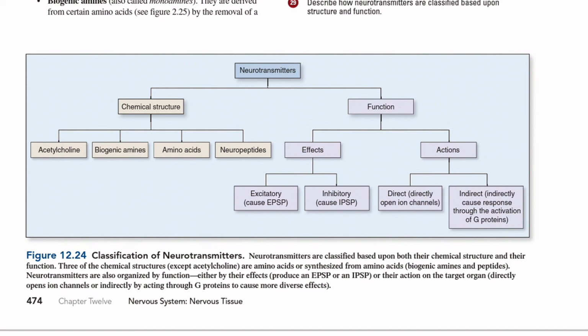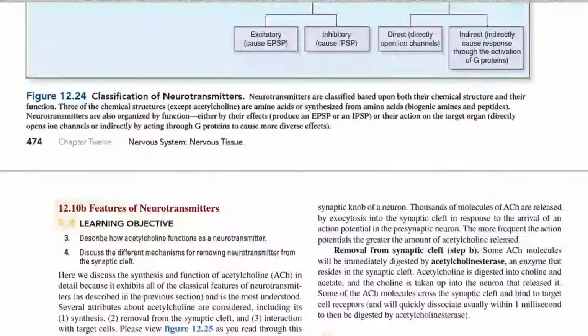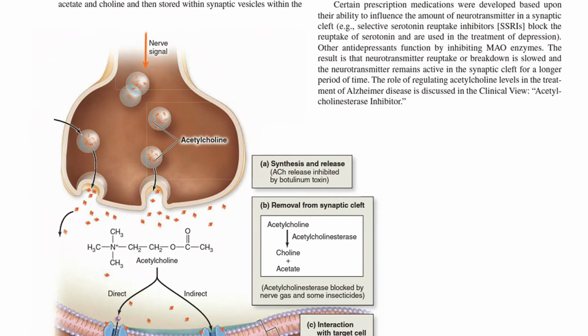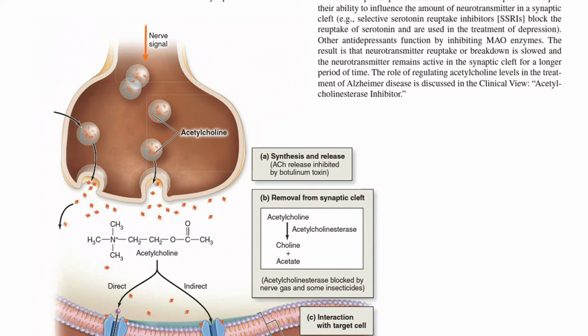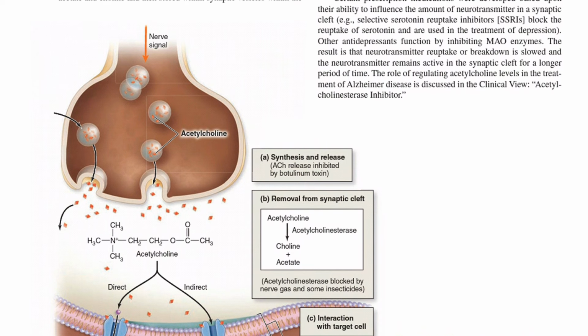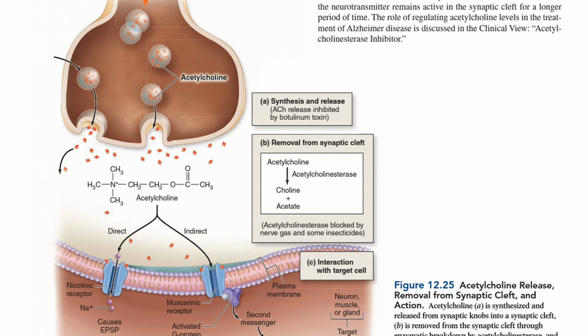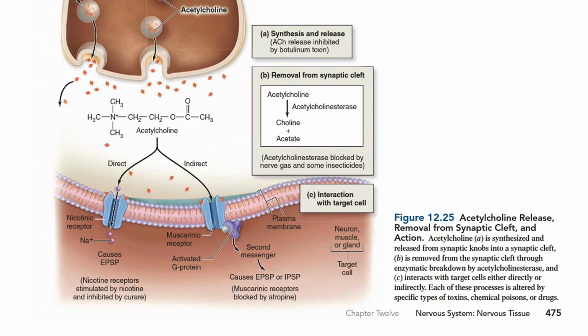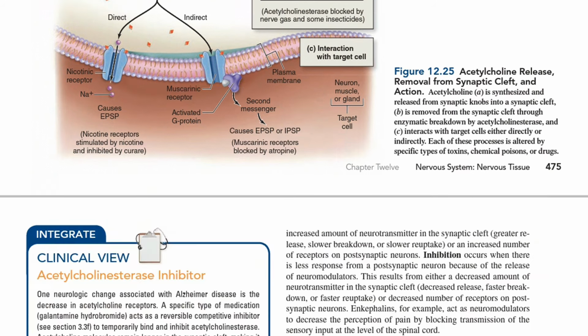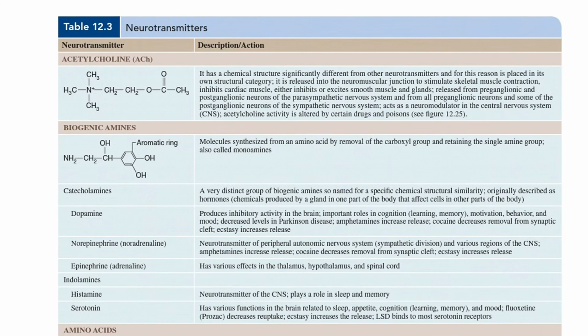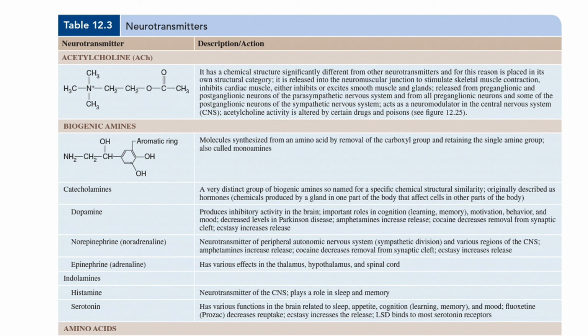Now here is one table, the classification of neurotransmitters, just in case you are interested, with chemical structure and function. In this figure also, the structure of acetylcholine. Now one more table for neurotransmitters.